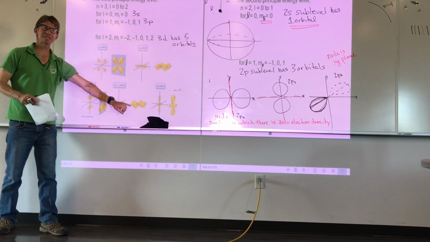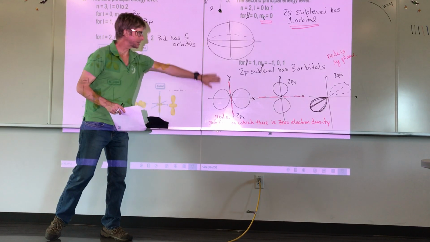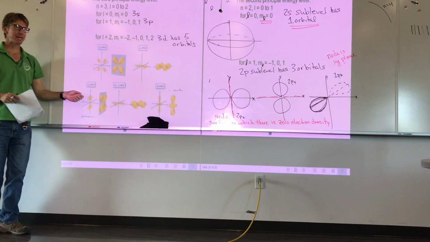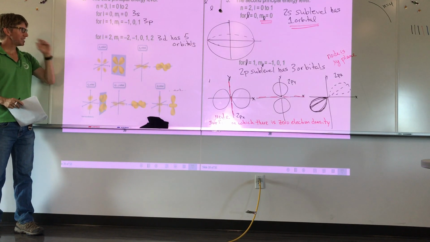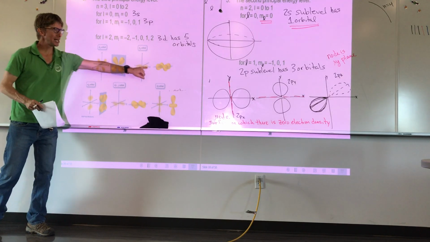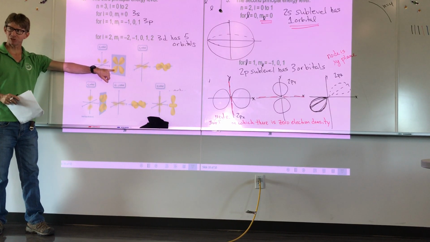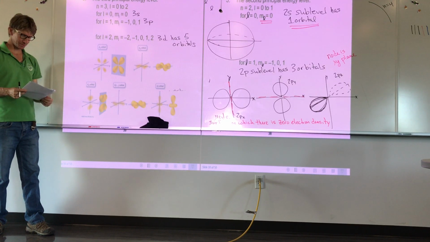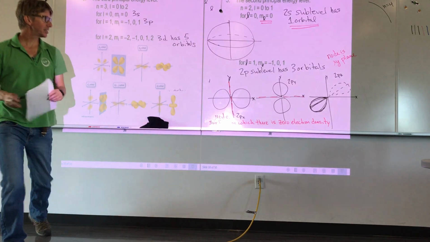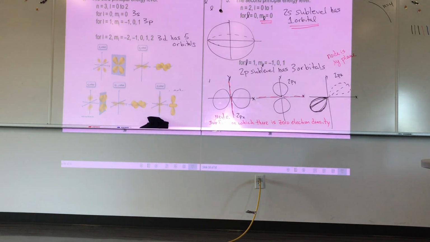And what we're starting to see as you go from s to p to d is that you are getting these more complicated shapes for stuffing more electrons into the same shape. That's what these orbitals amount to. Let me show you the fs, and I'll actually do the fs here.